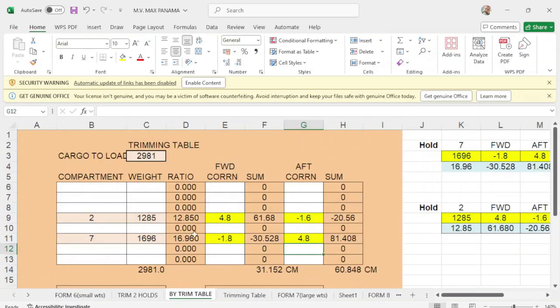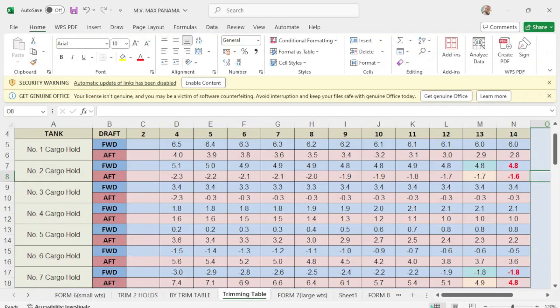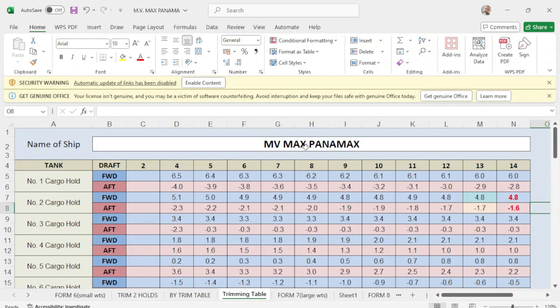Now, in hold number 2, we will put now the correction forward and correction up. So we go to the trimming table. This is the trimming table of this vessel. Then you go to hold number 2. This is the forward and up correction. And our sailing drop is 1432, so you have to go to the nearest, okay?